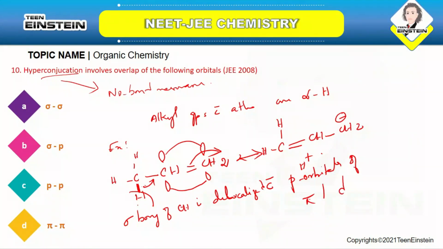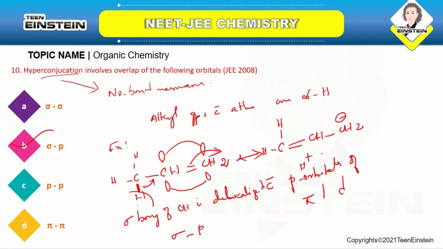So hyperconjugation involves overlap of sigma and p orbital. So the correct option is option B, sigma and p orbital.